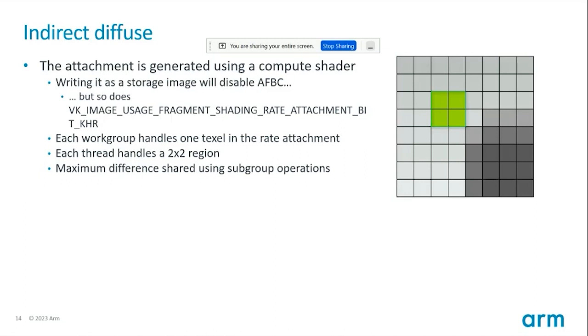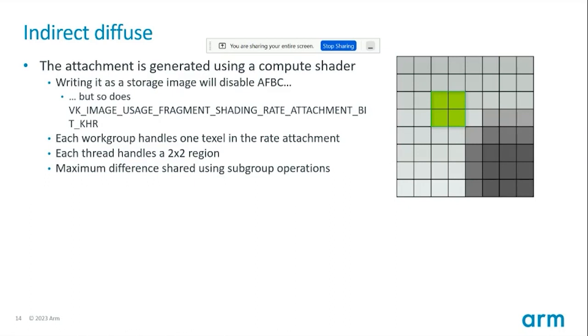But in this case, it doesn't really matter because another thing that will disable AFBC is using an image as a shading rate attachment. And also, the shading rate attachment is at a very low resolution. Again, if we have an 8 by 8 tile size, that means it's 1/64 of the resolution, and it's a single 8-bit channel, so there's not a lot of bandwidth there to begin with.